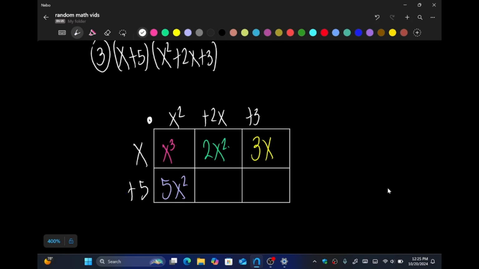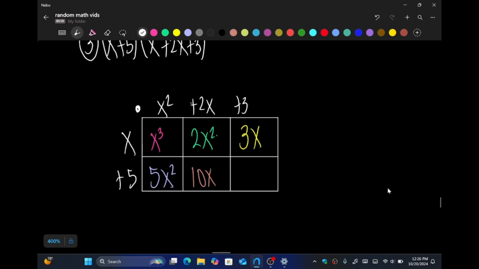And then 2x times 5, that's going to be plus 10x, right? And then anytime it's positive, we're just going to put a plus next to it once we actually list out the terms as an equation.